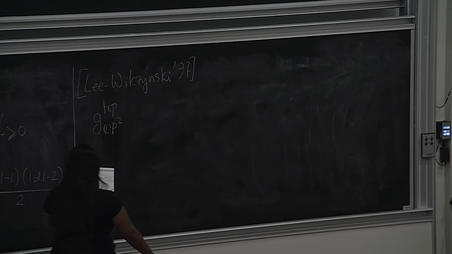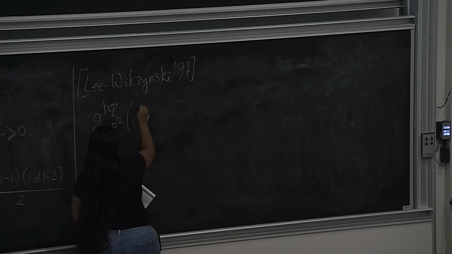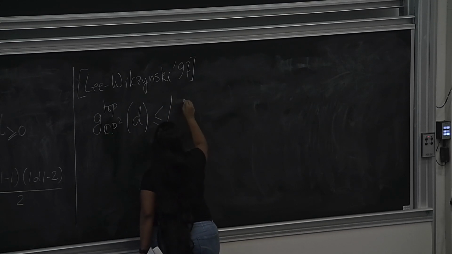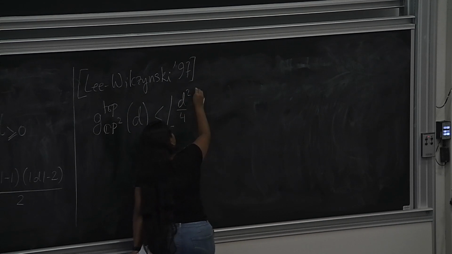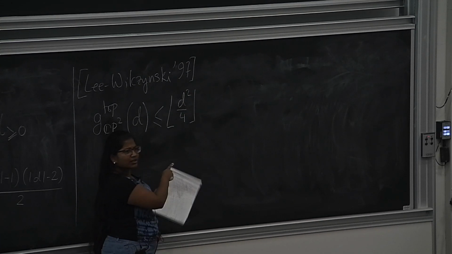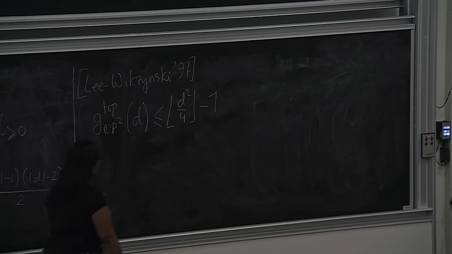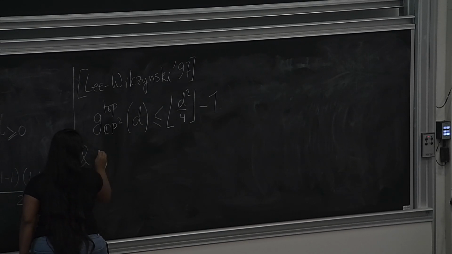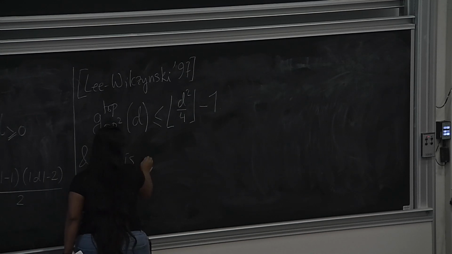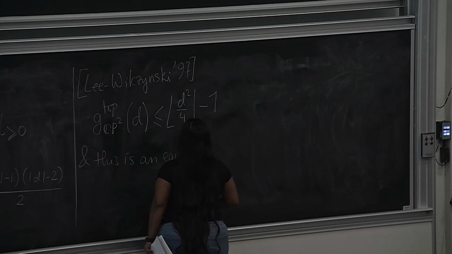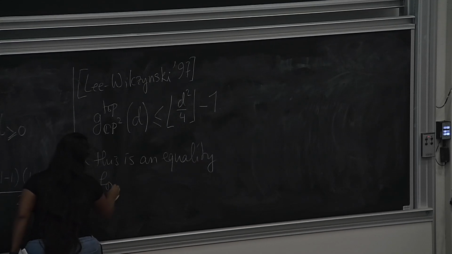They showed that this, for d, is less than or equal to d squared over 4, the floor function, minus 1. And that this is an equality for d even.